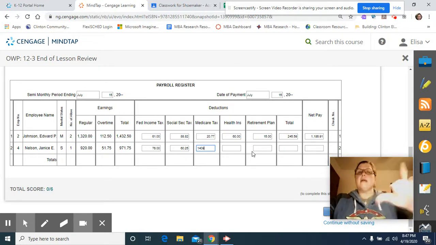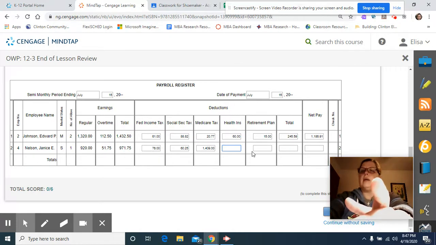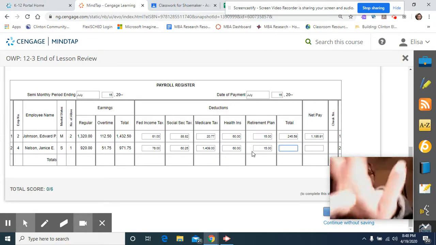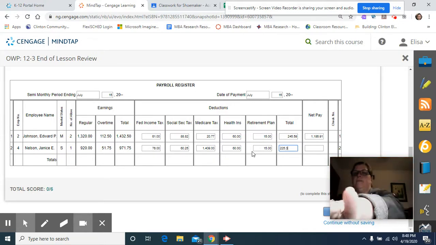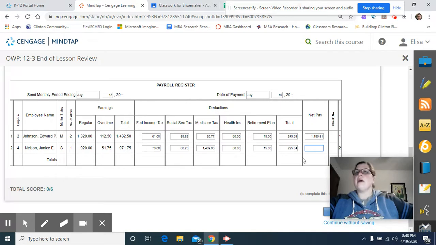And then we've got the $60 for the health insurance, 15 for the IRA, and the total deductions for this individual is $225.34. We add those deductions up, and then we're going to take the 971.75, subtract 225.34, and the take-home pay for Janice is $746.41.